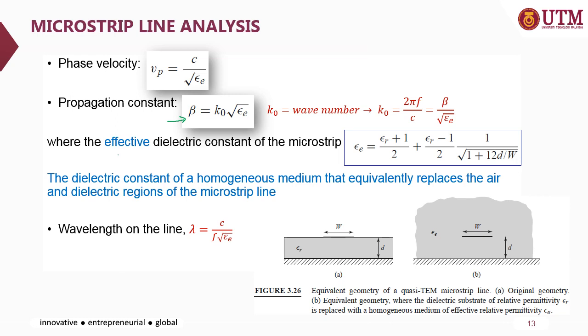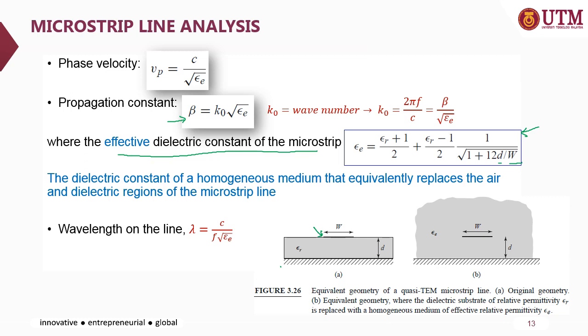The effective dielectric constant of the microstrip can be calculated by this equation, in which you have the d and also the width. The d is basically the height or the thickness of the substrate material that separates the microstrip line from the ground plane.